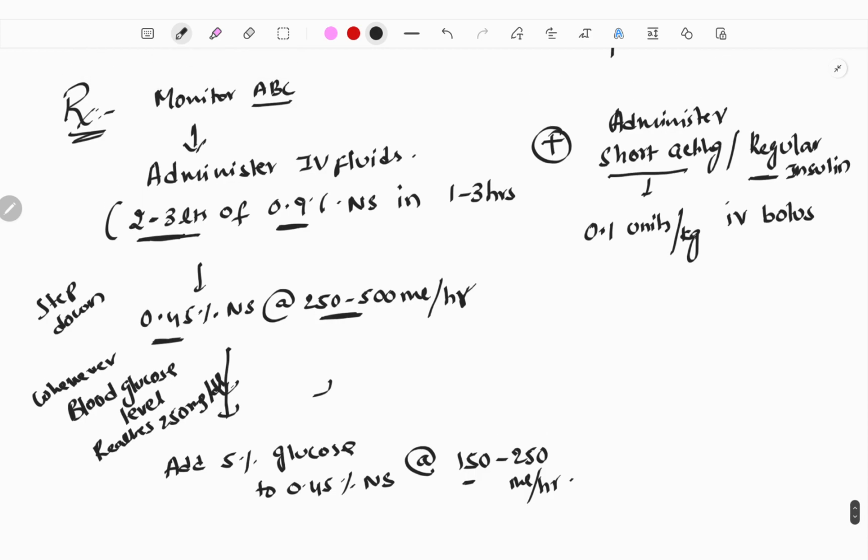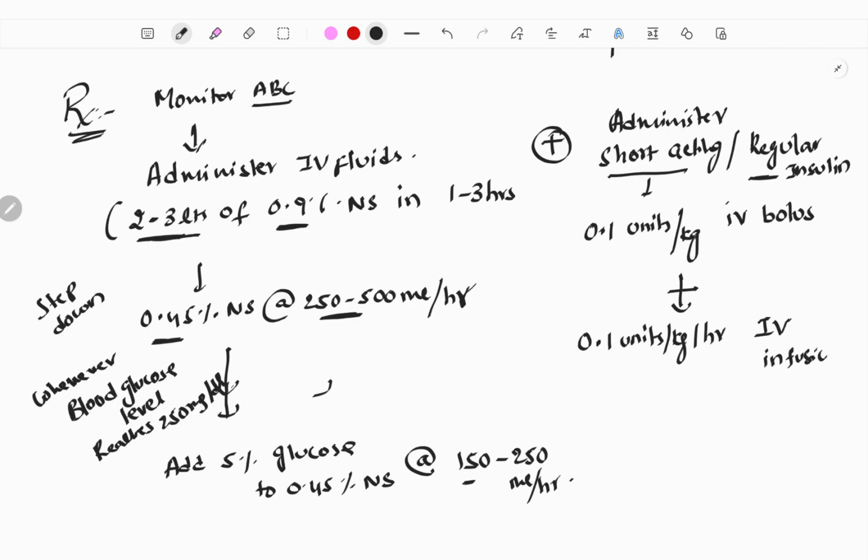See, initially we have given insulin as IV bolus, but it is not enough. We need to continue it by 0.1 units per kg per hour IV infusion.